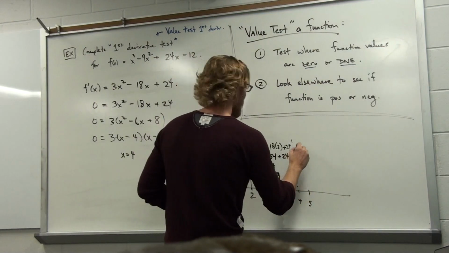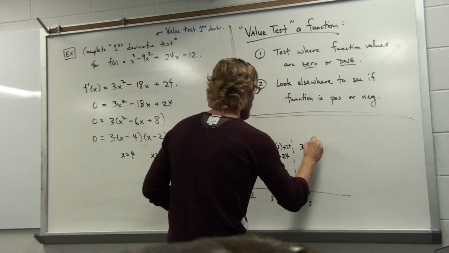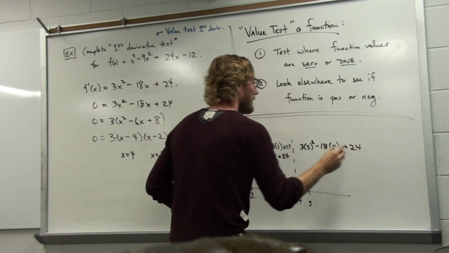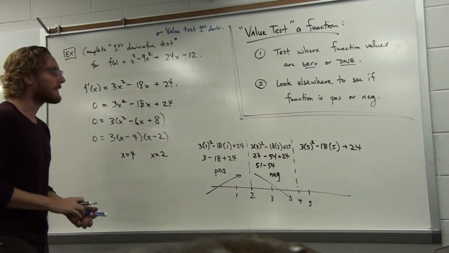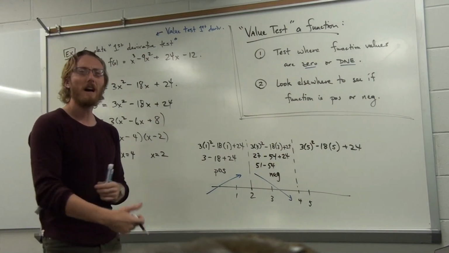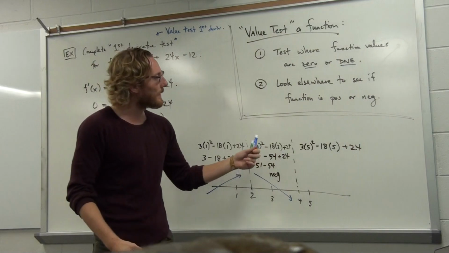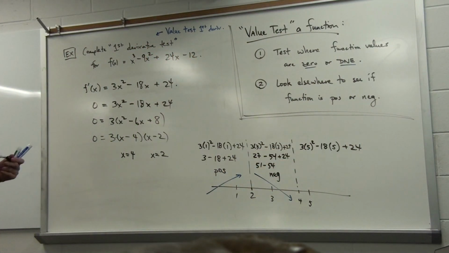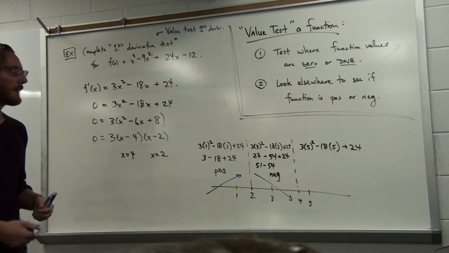How about 5? So this is going to be 3 times 5 squared minus 18 times 5 plus 24. As I'm starting to run these numbers, I'm feeling like this is becoming a cumbersome computation, because it's going to be 3 times 25 minus 18 times 5 plus 24. That sounds like a lot of work to compute.